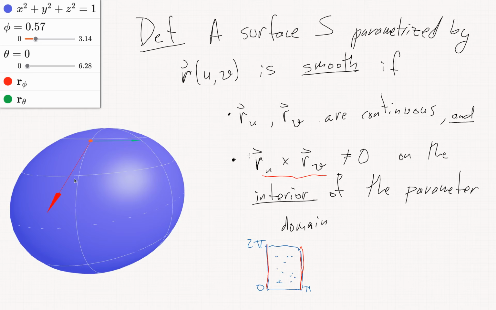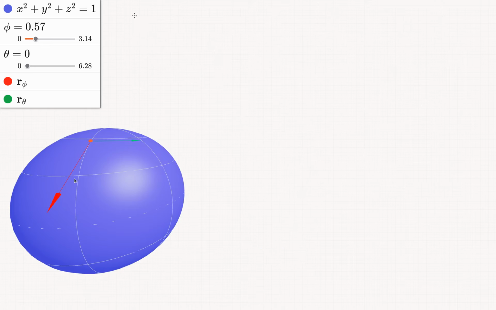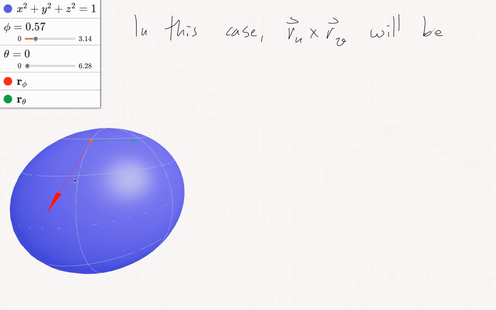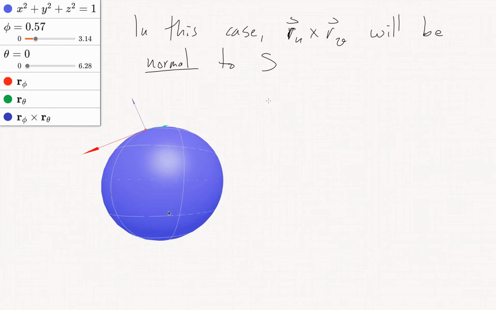Okay, so if this is non-zero, then we can consider this cross product. What's the significance of that? R sub u cross R sub v is orthogonal to both R sub u and R sub v, and therefore this will be normal to the surface S. Here is that cross product in the case of the sphere.